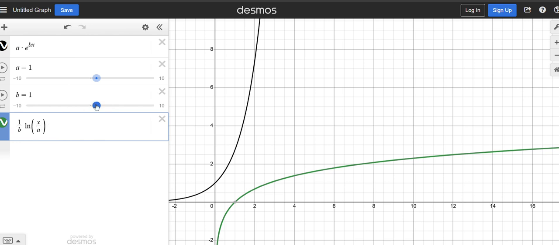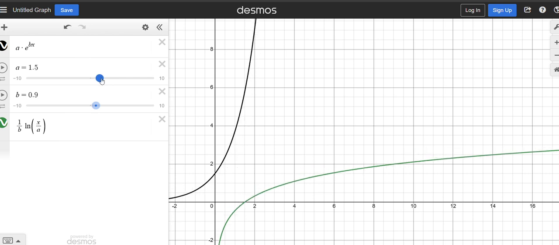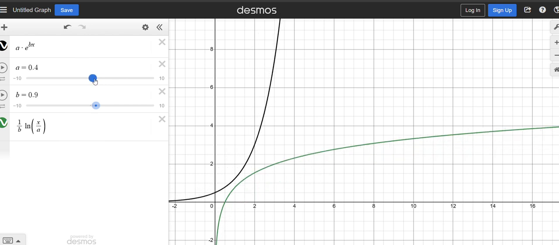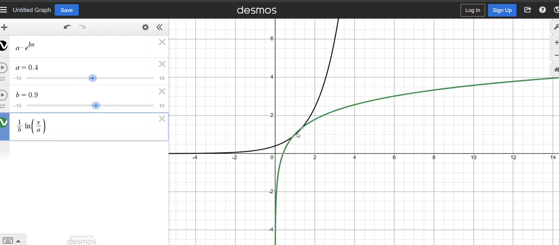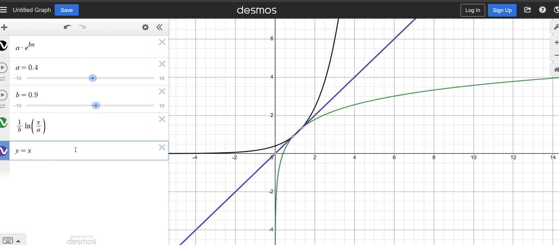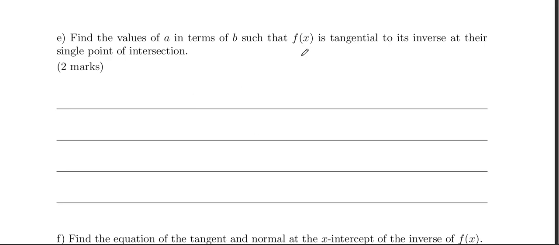So what that's going to look like is that somewhere around here, they're going to be tangential to each other. And what that also means is that they will have a tangent at y equals x, as you can see. So we need to find when f of x has a tangent of y equals x.